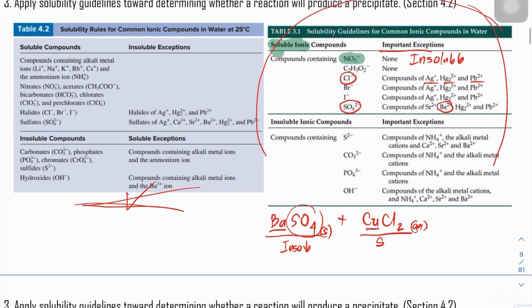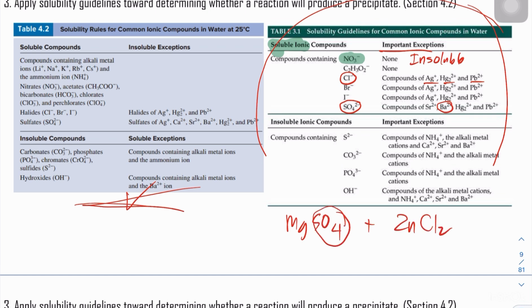Again, we will write the compounds that were formed: MgSO4 plus ZnCl2. Now SO4, if it is SO4, that is soluble. Is there any element or ion that is paired with it that makes it insoluble? No. So therefore, this is soluble, and that is aqueous.